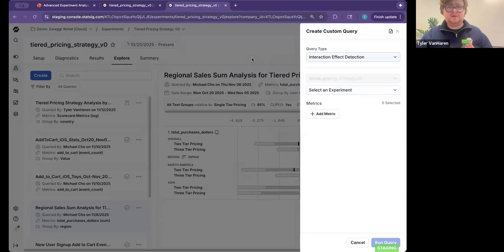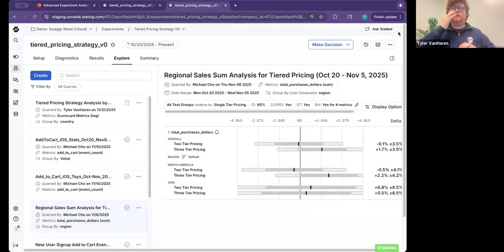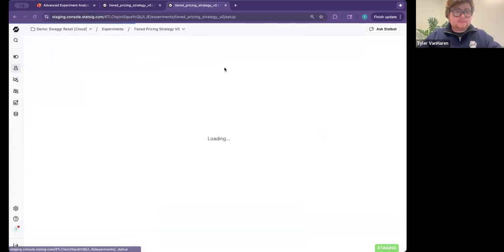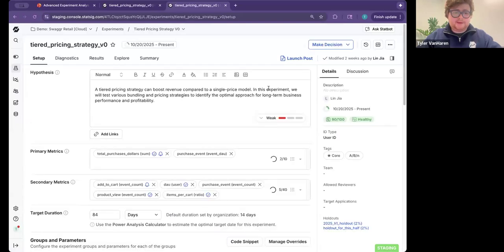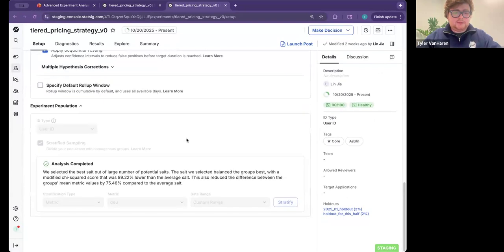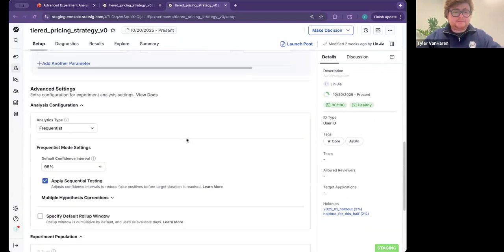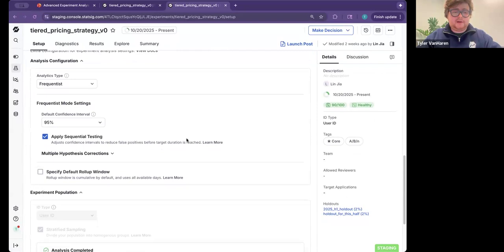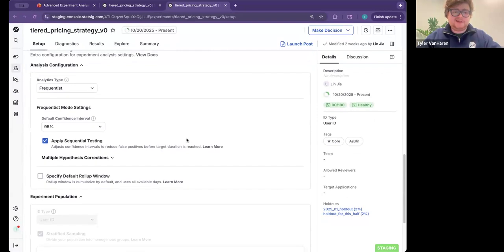I'll hit a few other things in particular, like for some of this data, getting it in, how you can set that up, where you have options there, etc. If we hop to setup for one of these experiments and go really deep into some of these, this is where we can do a lot of the configuration of these advanced features.